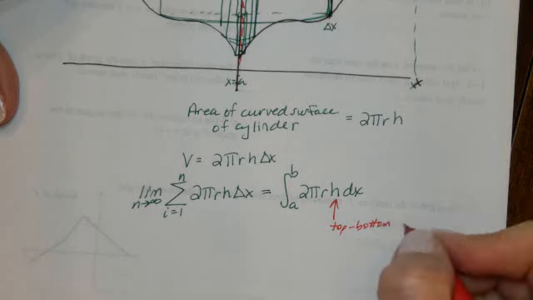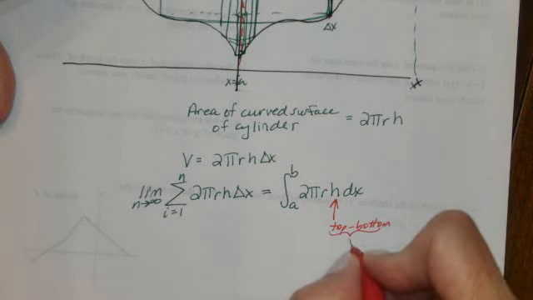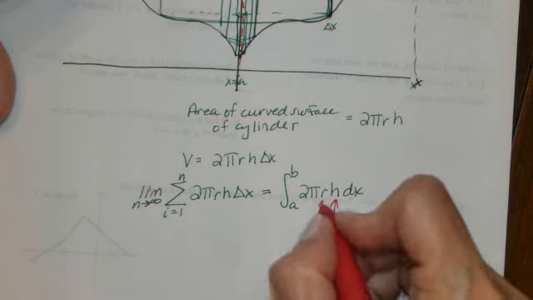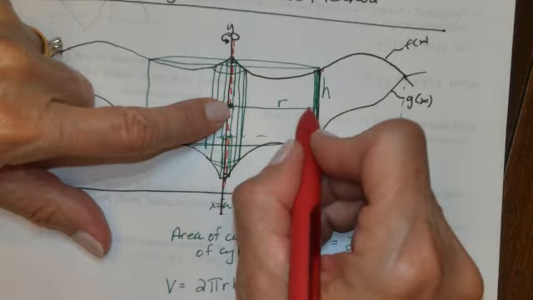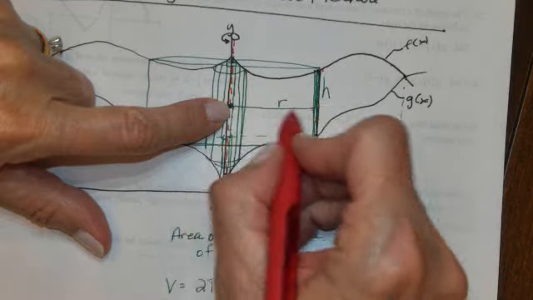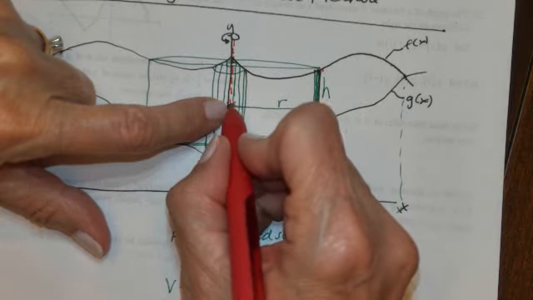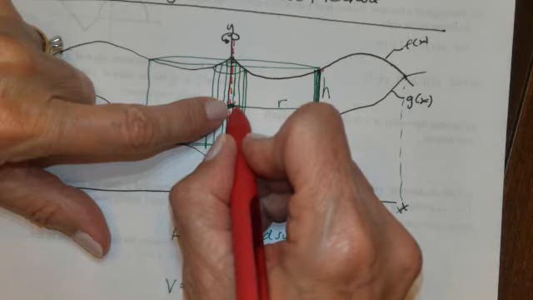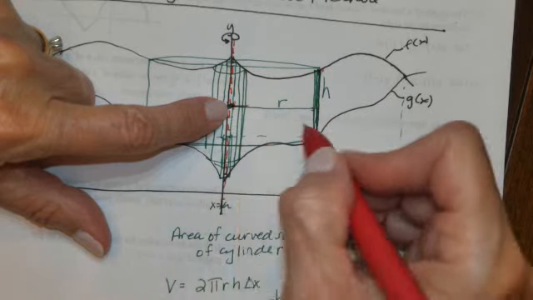Those will likely be functions. They can be functions, so there might be x's in there. R, what was r here? So r here will change with each cylinder, right? The first r is very small, the next r goes to here, the next r goes to there, the next r goes to here. So r changes with each cylinder.